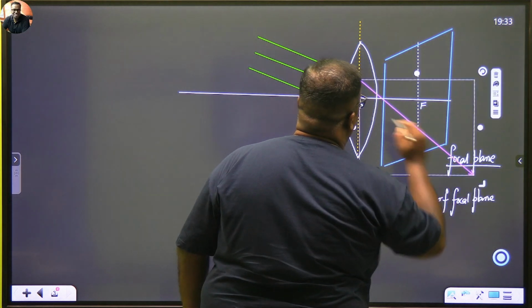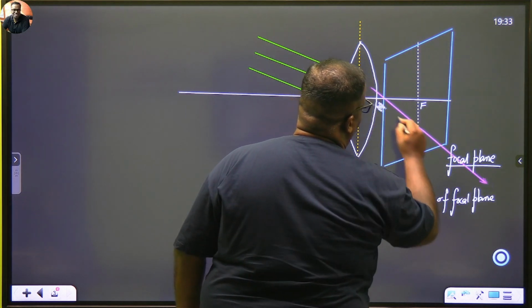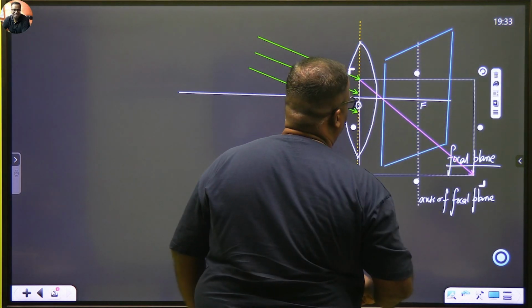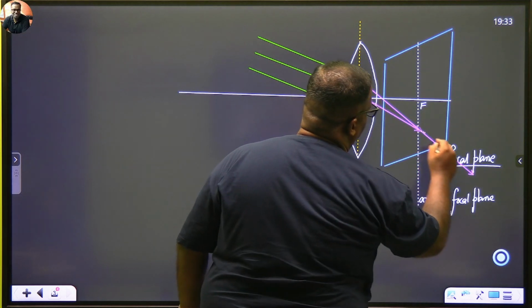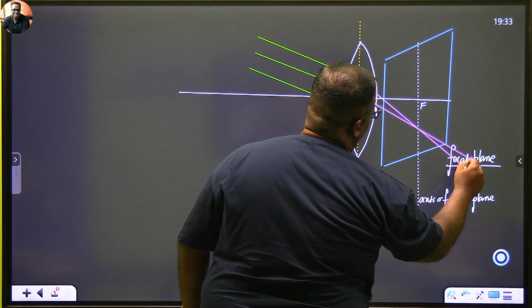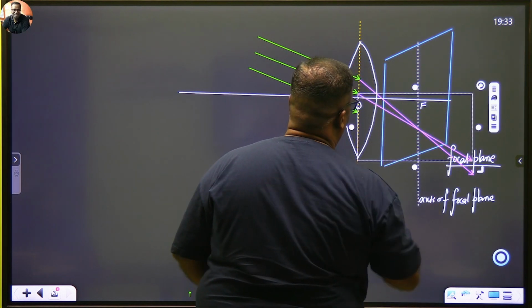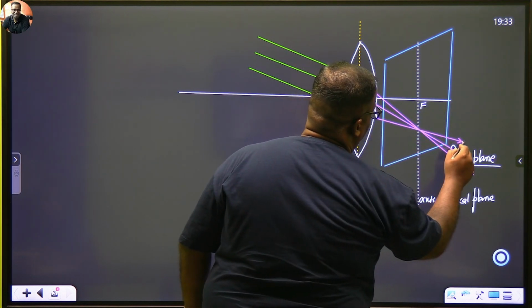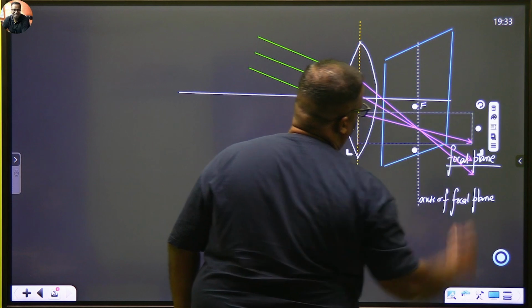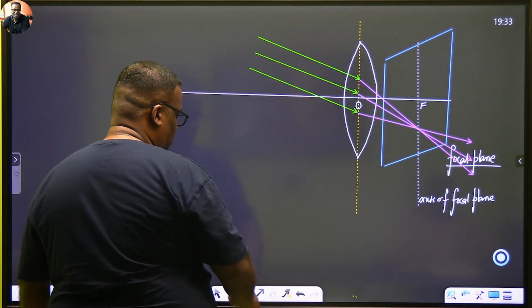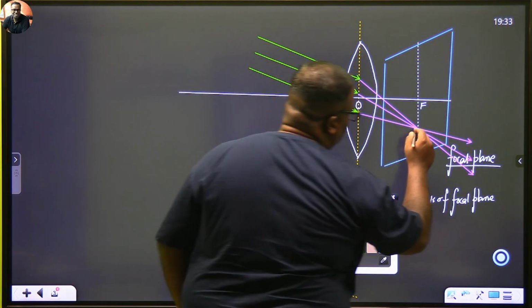Say suppose they are all merging. They're all merging. All merge. Now the point that you have got, you don't have the right to call it the focus.